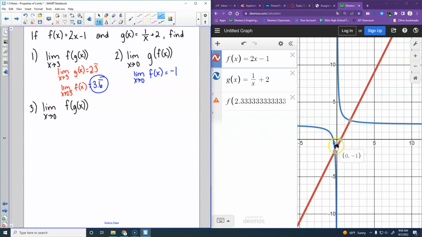Now, we're going to think about it, although it doesn't make a difference on this one. Does that approach from just the top, just the bottom, or from both sides? Both sides, right? We're approaching from the bottom over here, approaching from the top over here. So that means our next limit, the limit as x approaches -1 of g of x, is also going to be from both sides.